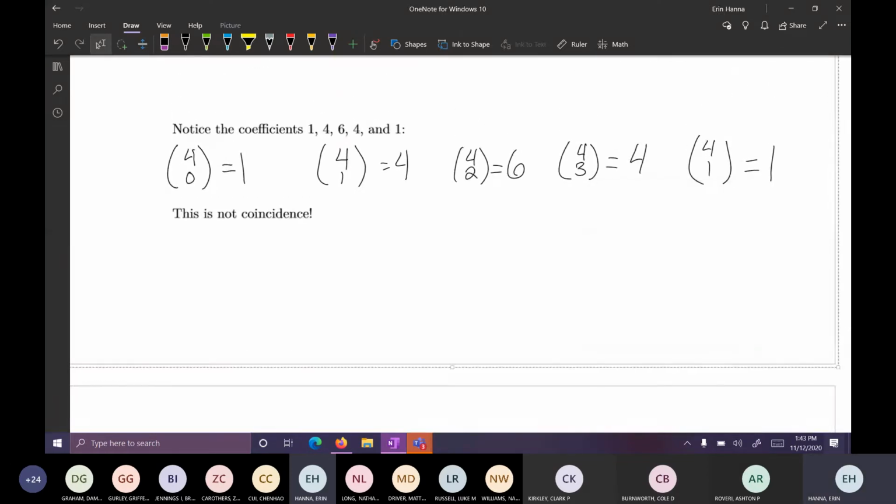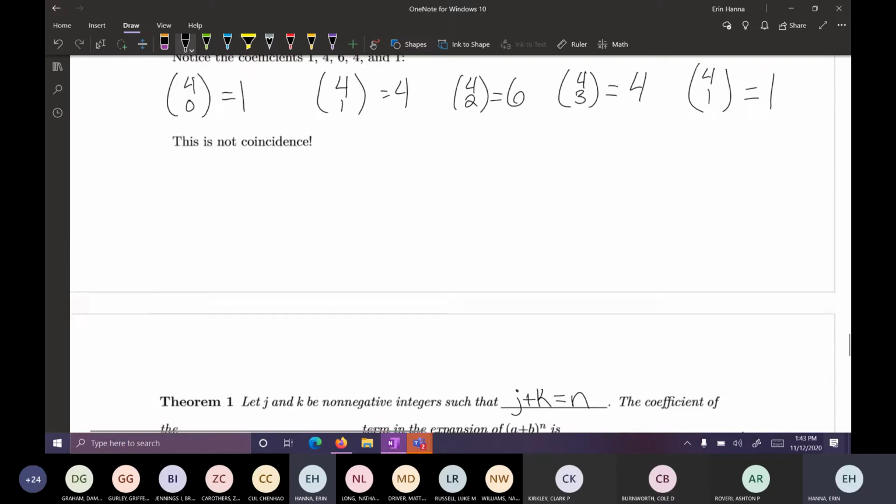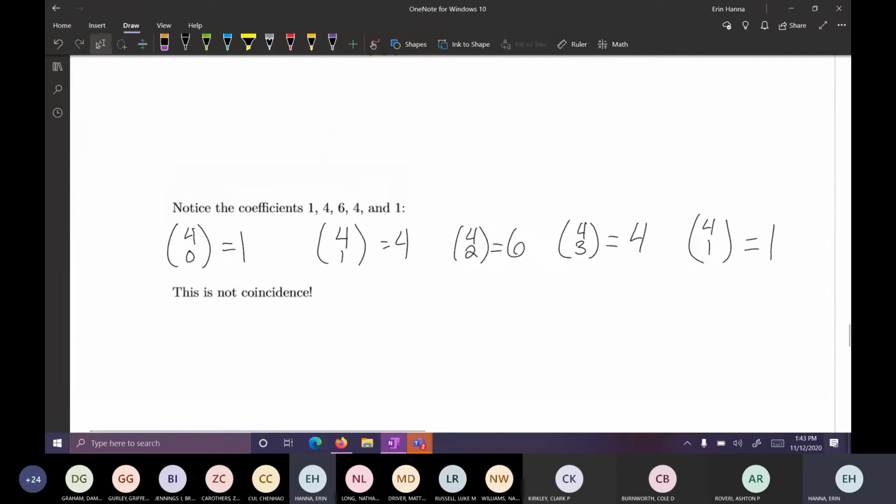I think I can scroll down. So let j and k be non-negative integers such that j plus k equals n. Oh, sorry, maybe I erased by accident. Sorry, that should have been 4 choose 4.